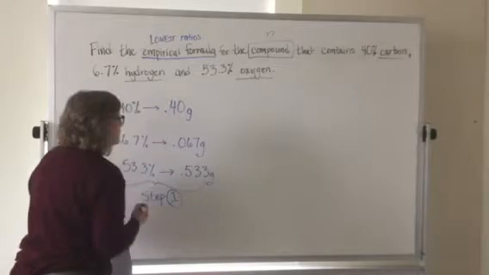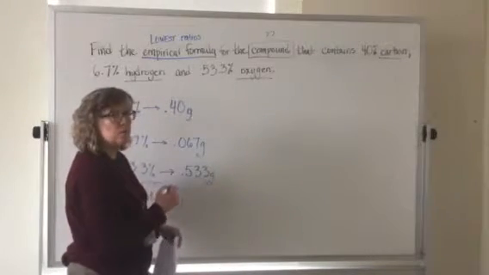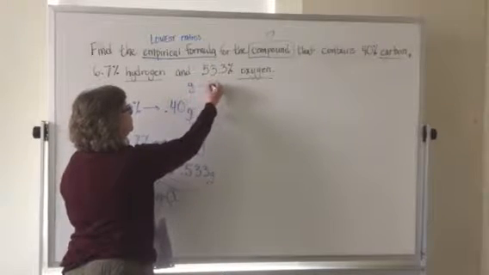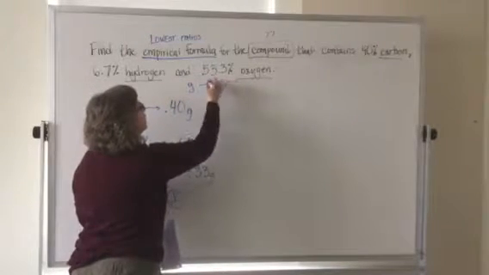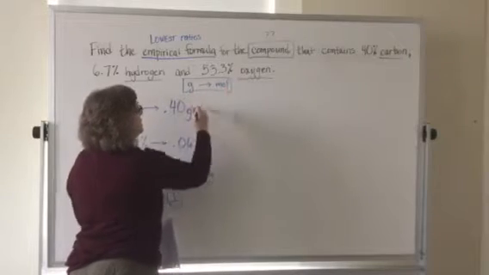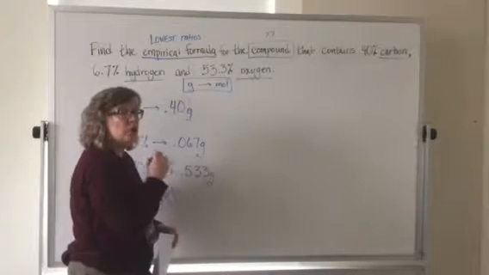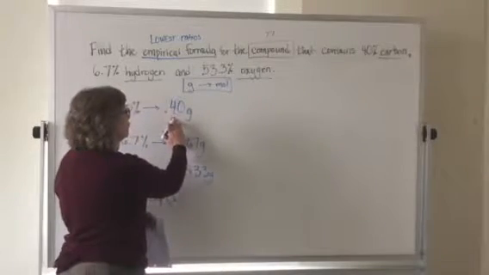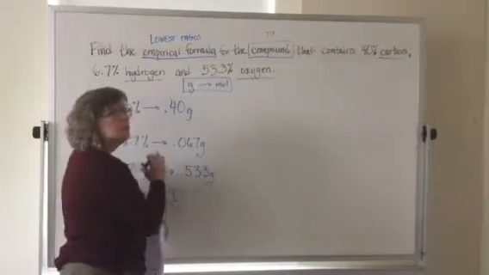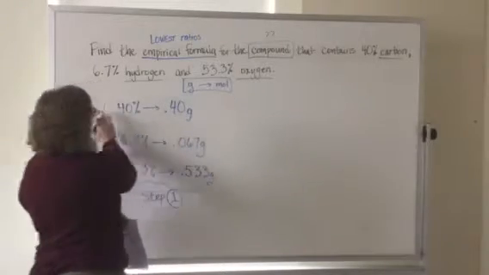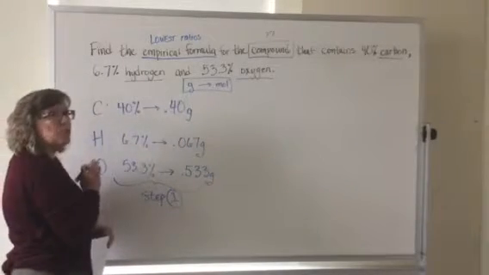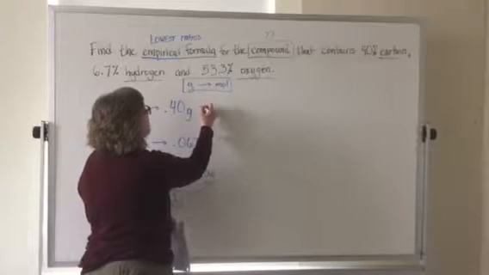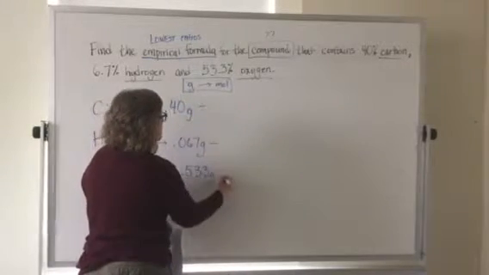Step 2 is we're going to do a molar conversion. So we're going to go from grams to moles for each one of these sets of grams. And remember, looking at your card, or remember the work that we did, to go from grams to moles, we divide by each element's individual molar mass.